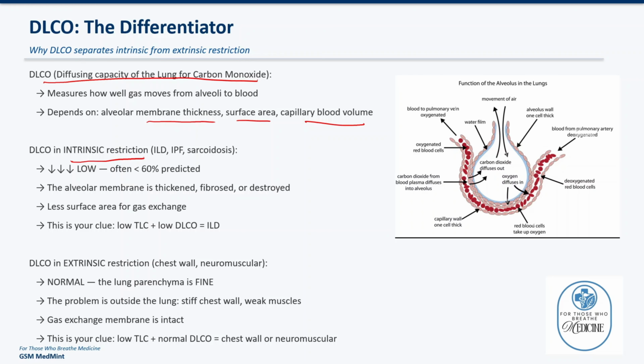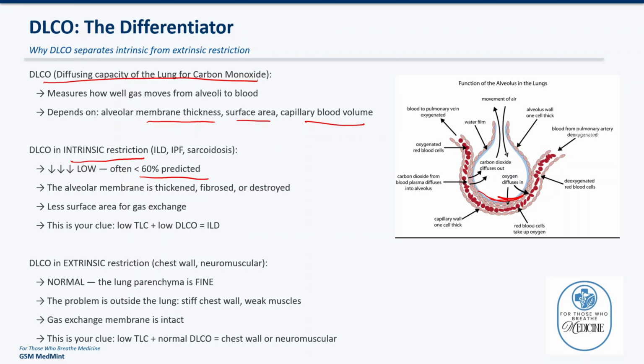In intrinsic restriction, such as interstitial pulmonary fibrosis and sarcoidosis, the DLCO is low, often very low, even less than 60% of predicted. Why? Because the alveolar membrane is thickened by fibrosis or inflammation, so the surface area is reduced.